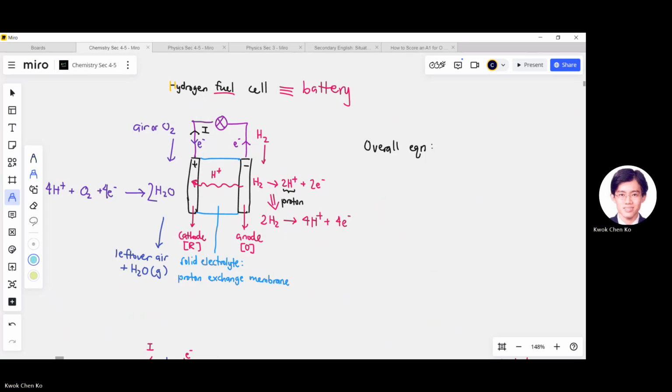So basically, I'm trying to make the number of electrons the same. Then I add the cathodic and anodic reactions together, or equations together.